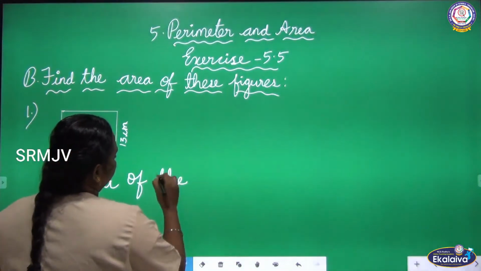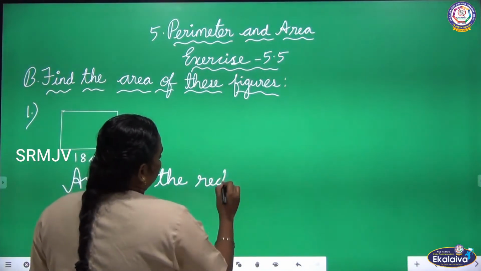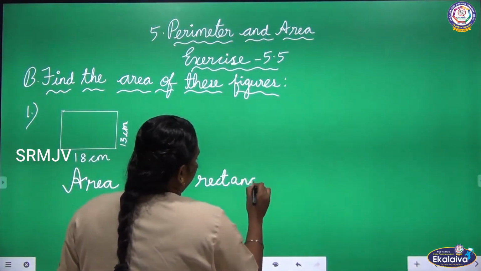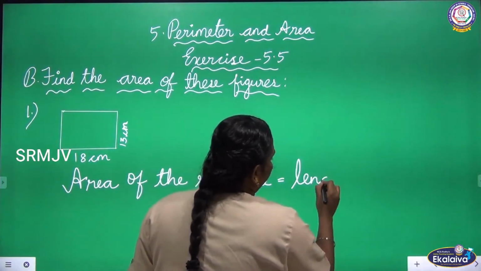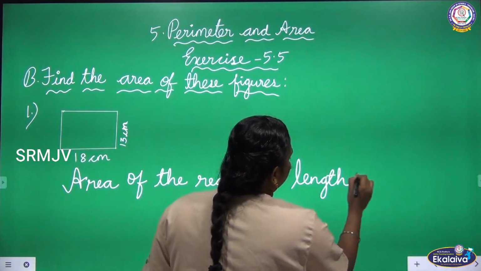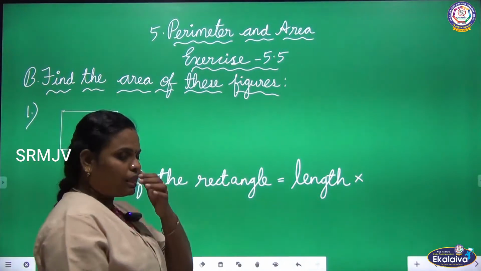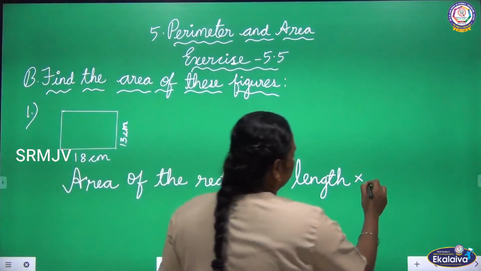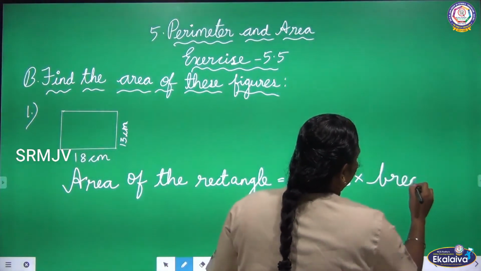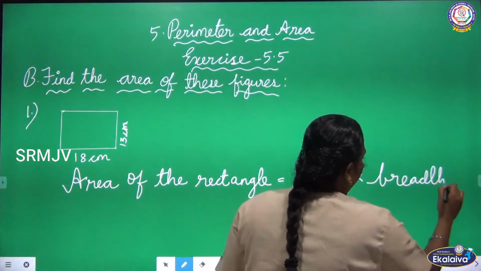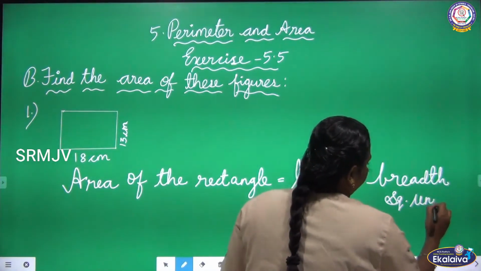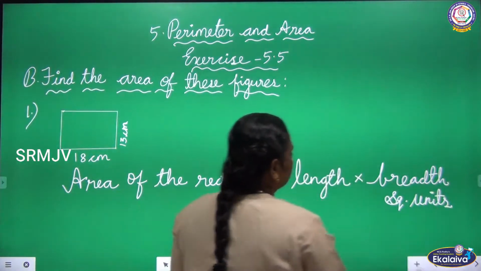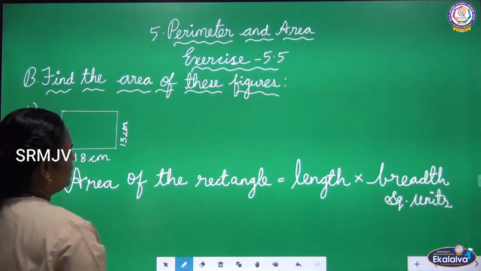So area of the rectangle equals length into breadth. We can write L for length and B for breadth. Length into breadth, square units. So what is the length they have given?